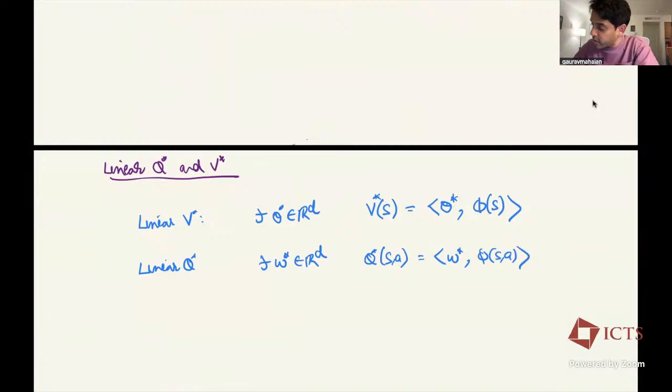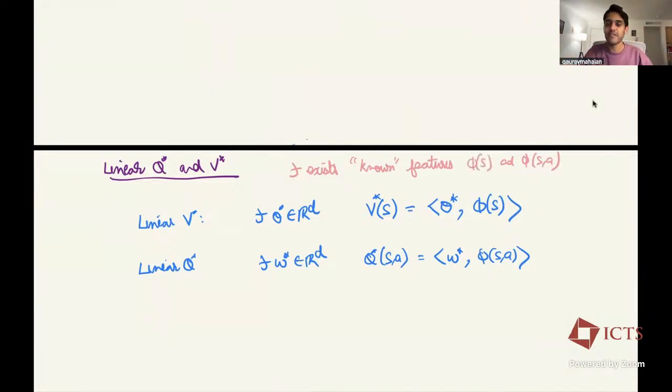So this is basically saying there exist known features phi(s) and phi(s, a) that you access using those oracles. Okay.